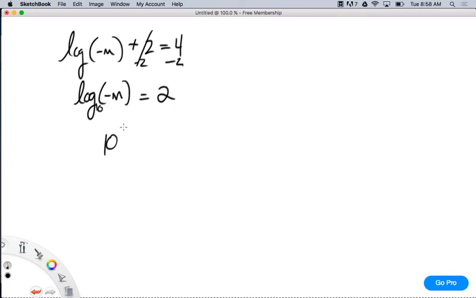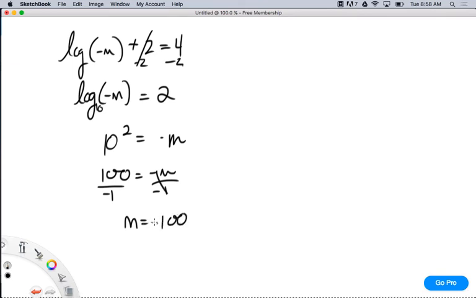So this becomes 10 squared equals negative m. 100 equals negative m. Divide both sides by negative 1. I end up with m equals negative 100. Now, don't get confused. Oh, it's negative, I can't do it. No. Negative 100, but this is negative in there, so that would be the log of positive 100. So that's doable. Does that make sense? Any questions on that?